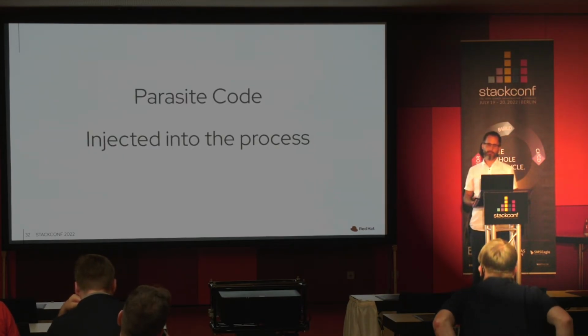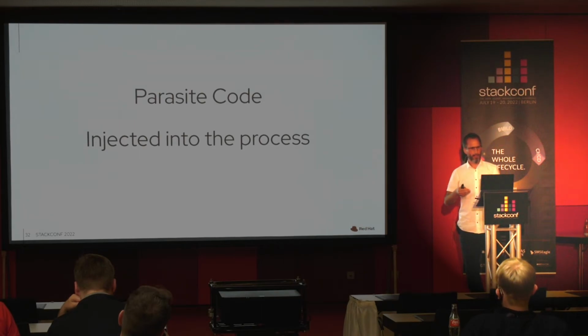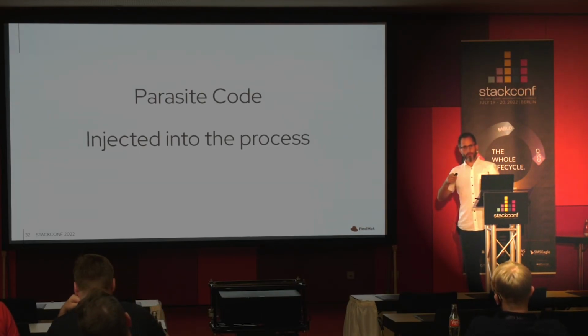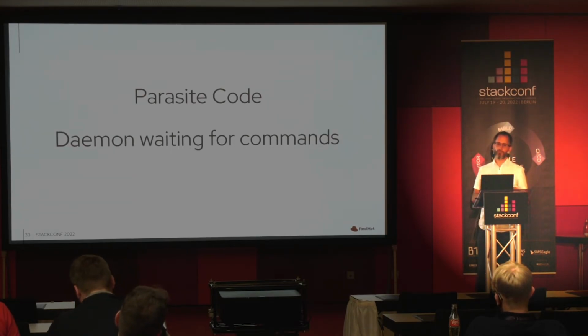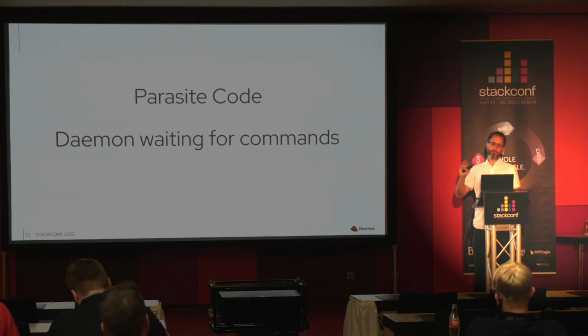The parasite code is injected into the process, and then the parasite code continues to run in the process which we want to checkpoint. It's kind of a daemon, so it runs in a loop and waits for commands, and then it does what the main CRIU process tells it to do.